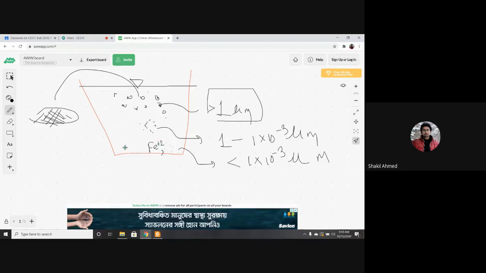When you have manganese dissolved in water, these are dissolved, in ion form. They are so small, less than 1 into 10 to the minus 3 micrometer. Very small. Is it clear? Yes, sir.